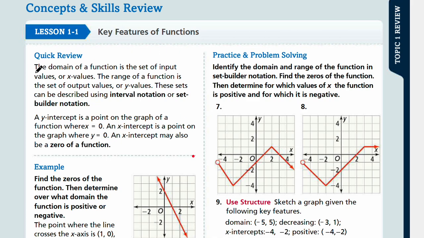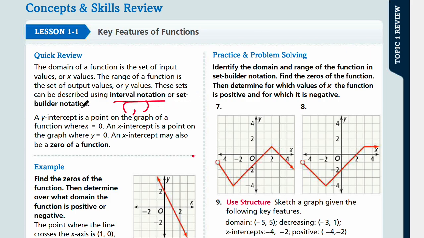So let's look at the quick review. The domain of a function is a set of input values or x values. The range of a function is the set of output values or y values. These sets can be described using interval notation. Do you remember? Interval notation is describing your intervals using parentheses, or this could be brackets, and commas, so the starting point and the last point.